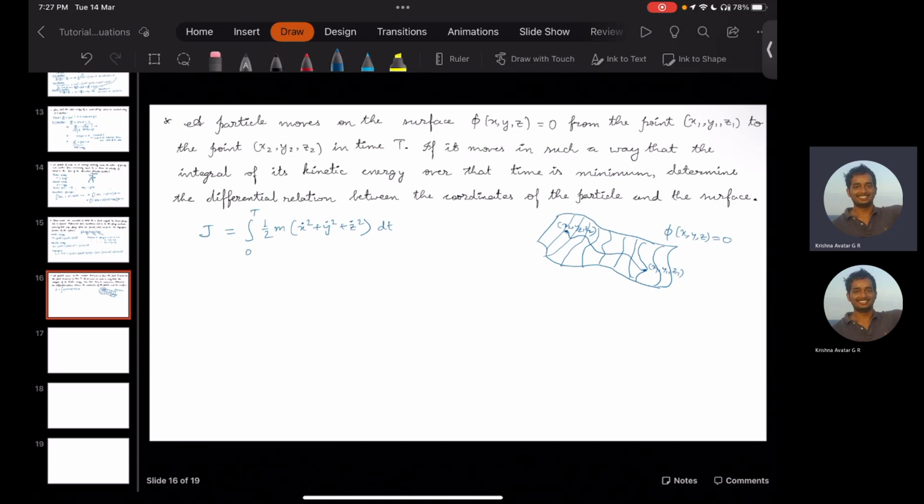However, this problem has a holonomic constraint, phi(x, y, z) equal to 0.